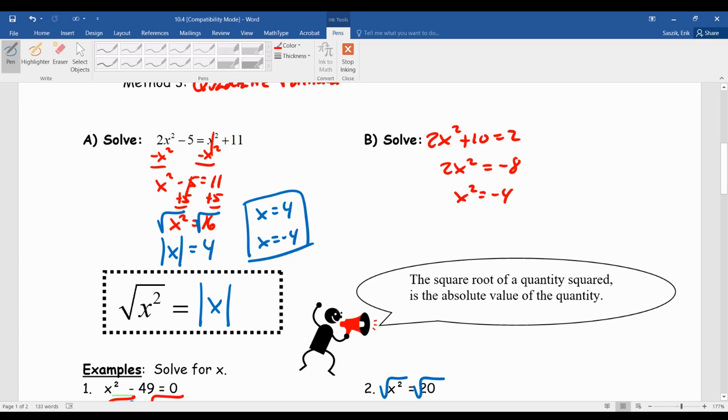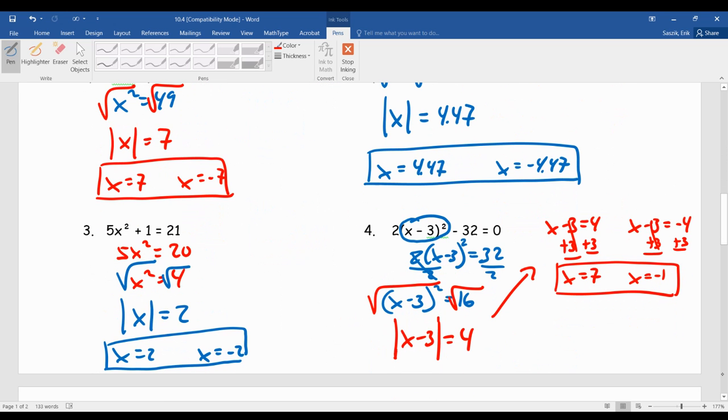Now we'd have to take the square root of both sides, right? But I hope you recall, you cannot take the square root of a negative number. So this one is no solution, right? There's no number multiplied by itself that can give you a negative, because a negative times a negative is a positive. All right, that's really the lesson.